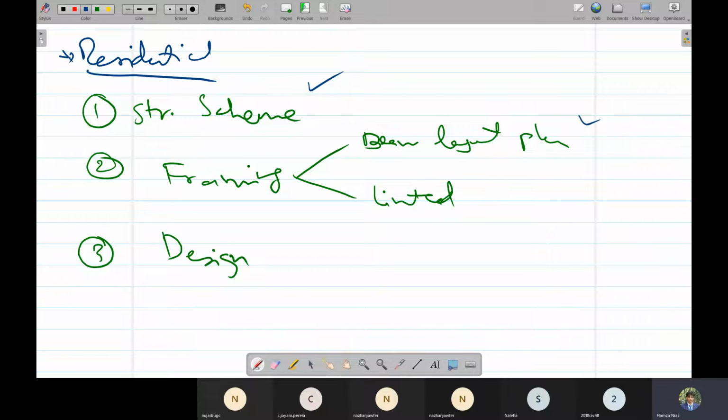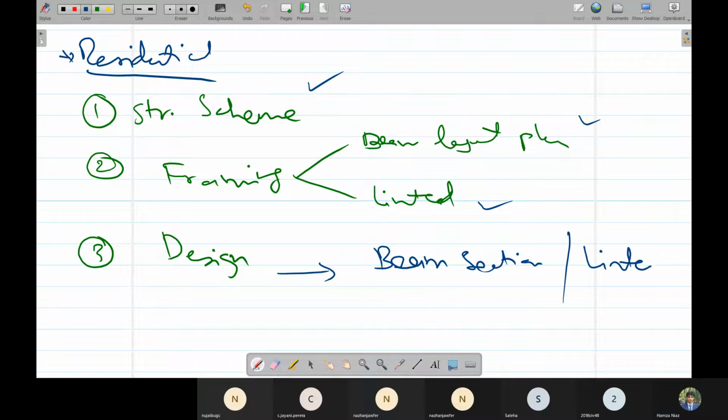Then we require a beam layout plan and a lintel layout plan. These three things. And from the design, we can show the beam section as well as the lintel section. So these sections we get after designing the beams and lintels. The third drawing would be the sectional drawings, beam sections as well.